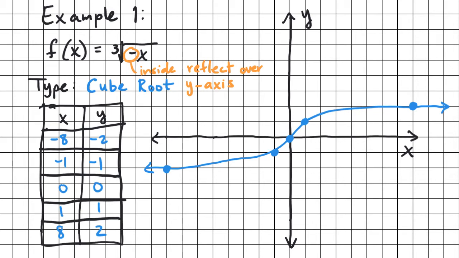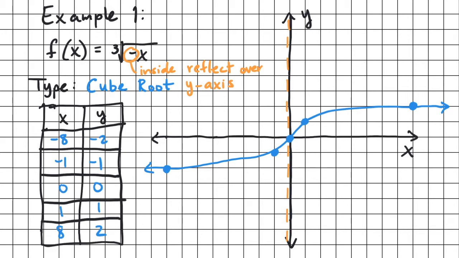And what that means is the points are going to be reflected over the y-axis. So the y-axis is going to be my mirror point. So if I draw kind of a, say, a dotted line, this y-axis is going to be my reflection point.